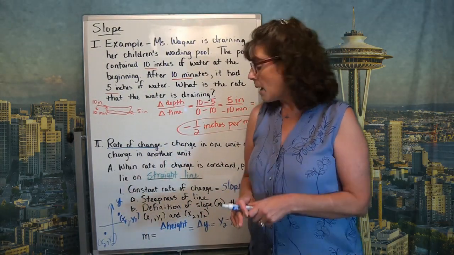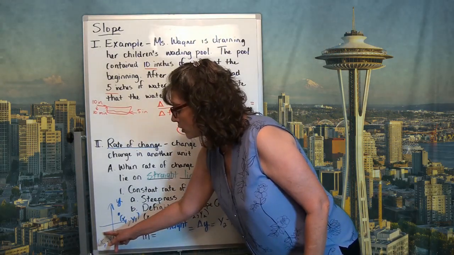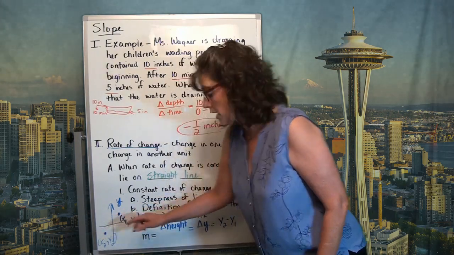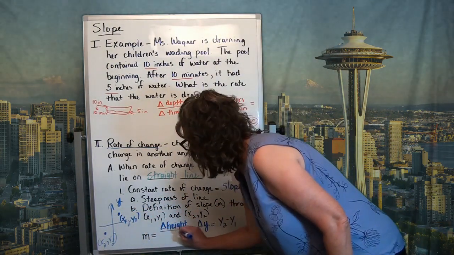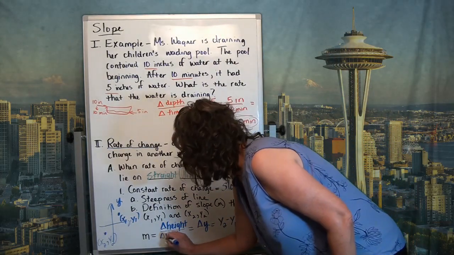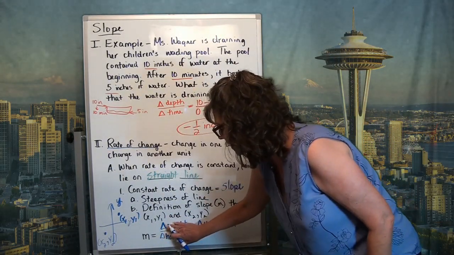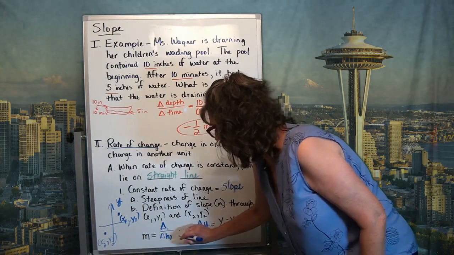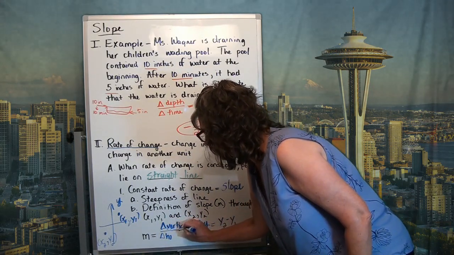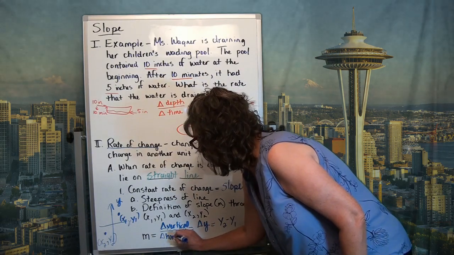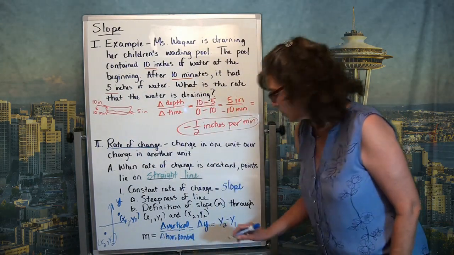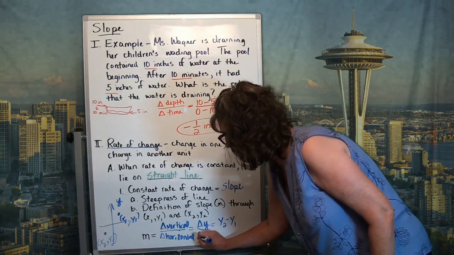Now, I'm saying, how do I have to change vertically in comparison to change horizontally? So I want change in height in comparison to my horizontal change. So instead of change in height, we'll call it vertical change in comparison to horizontal change. And how do you get a horizontal change? You change the x's.